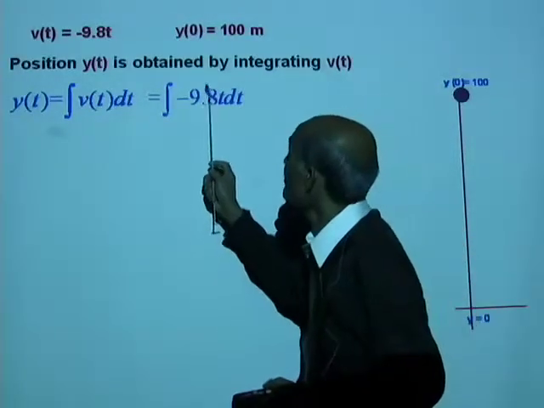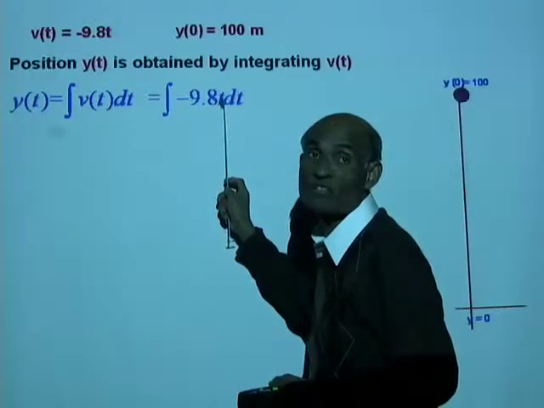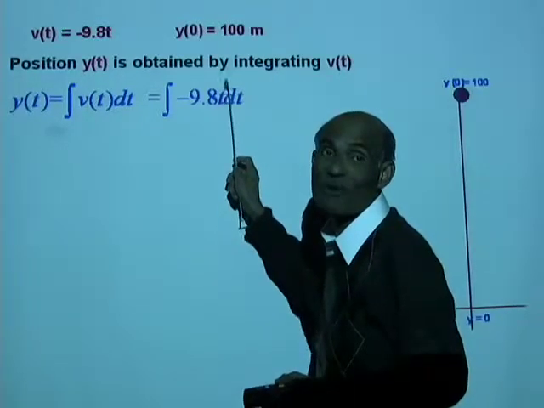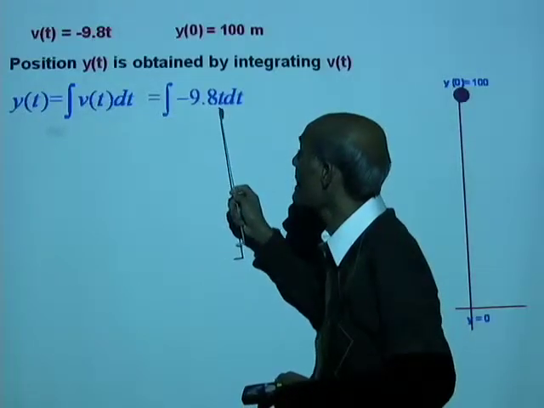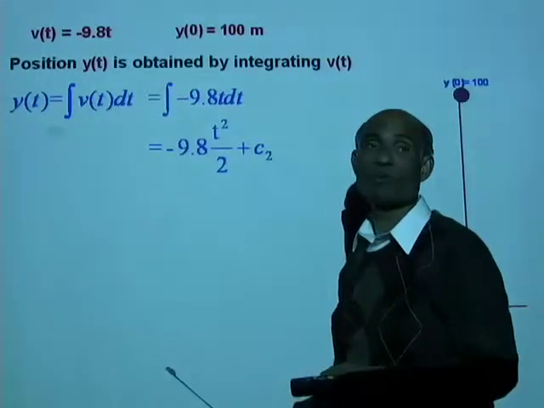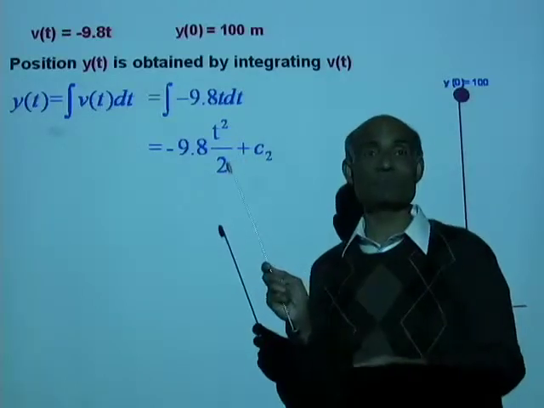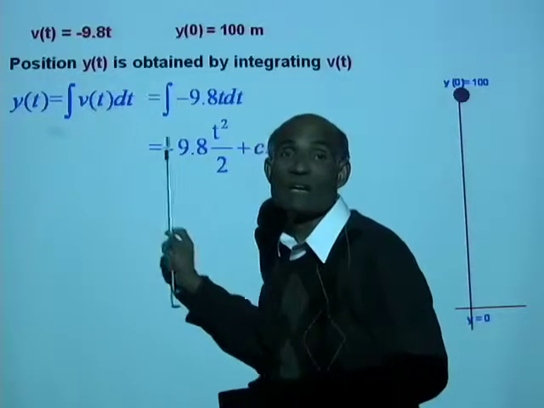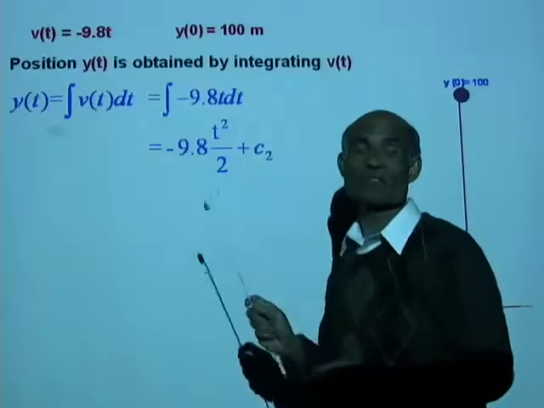Can you integrate this? This negative 9.8 is a constant, so that will not change. If you integrate t dt, it will be t squared over 2. T to the power of 1 plus 1 over 1 plus 1. So this will be negative 9.8 times t squared over 2. There you are. Negative 9.8 t squared over 2 plus a constant c2. So our function is y of t equal to negative 9.8 t squared over 2 plus c2.